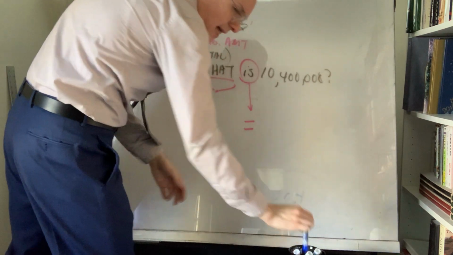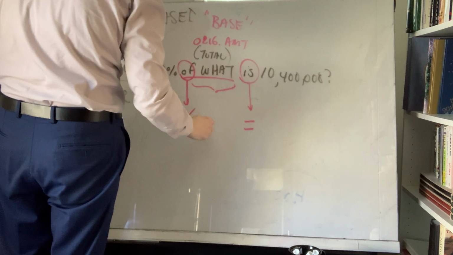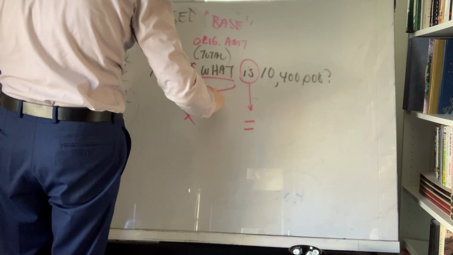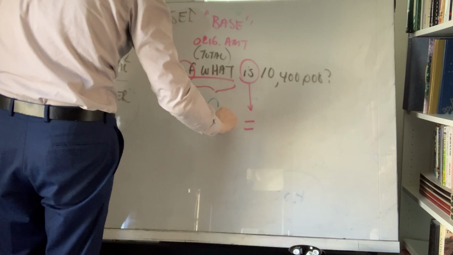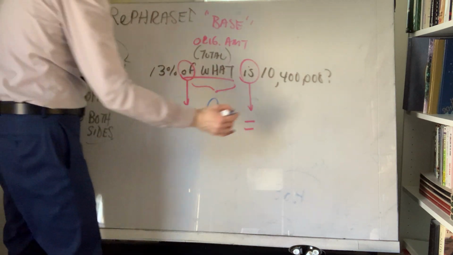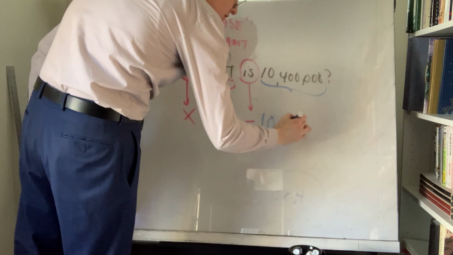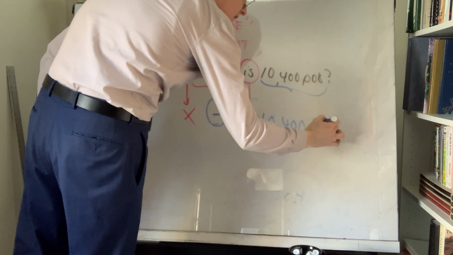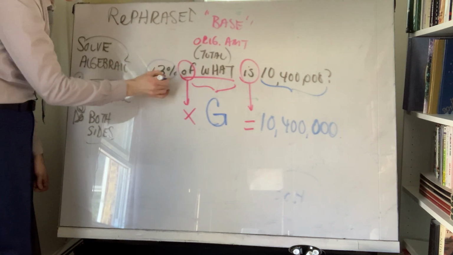In place of what I'm going to put a letter, let's just go with G for Germany. Then you have this number here, 10,400,000, and then you have this figure, 13%.